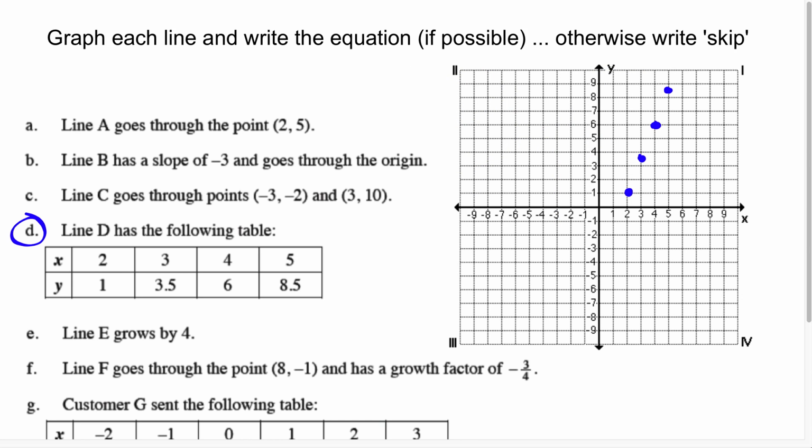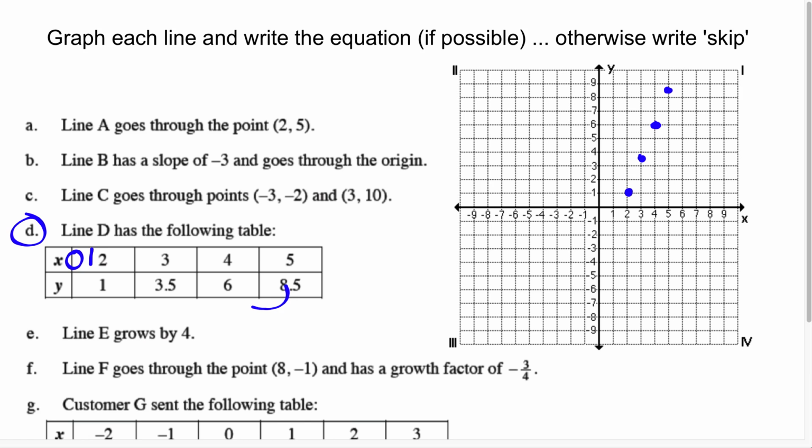Okay, this one we have some ordered pairs. We can definitely see a constant rate of change. If I backtrack this one to get it to 0, the x would be 0. So I need to go to 1, so I just keep subtracting 2.5.